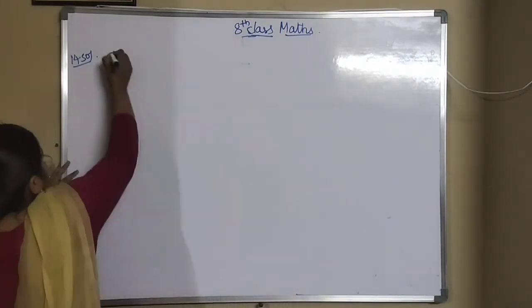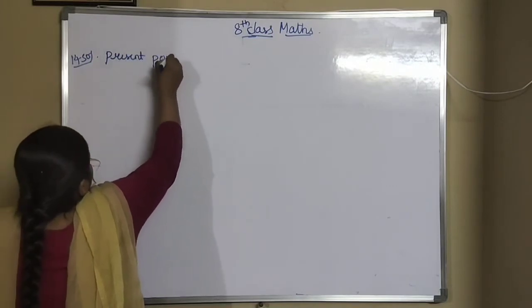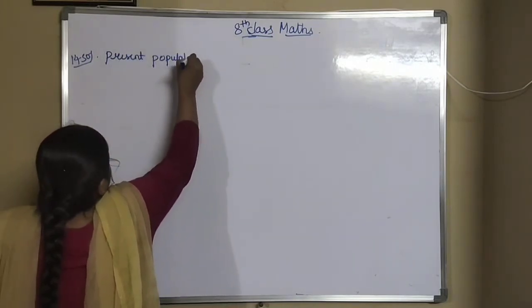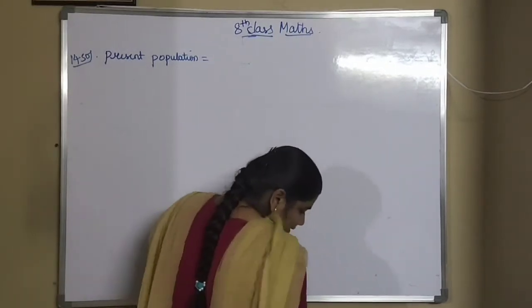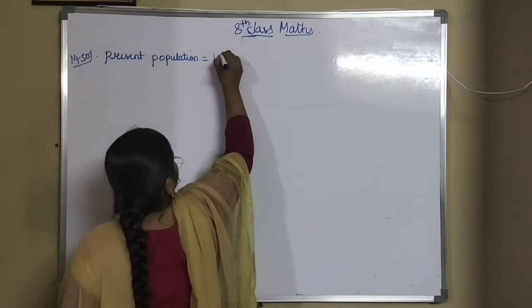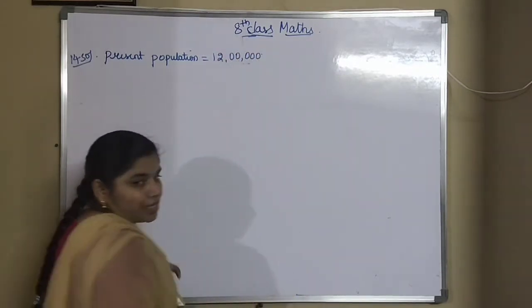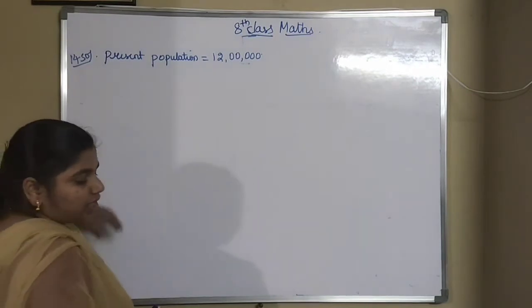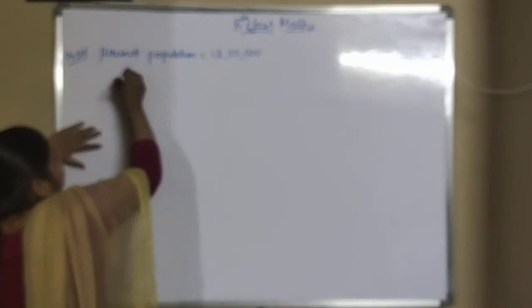Present population is how much? 12 lakhs. And it has been increased by how much percent? That is 4%.